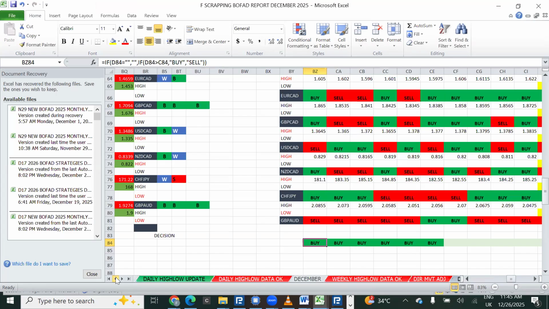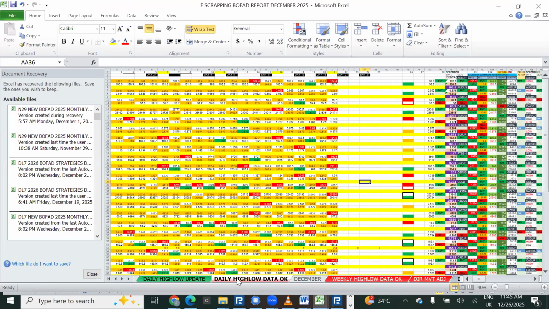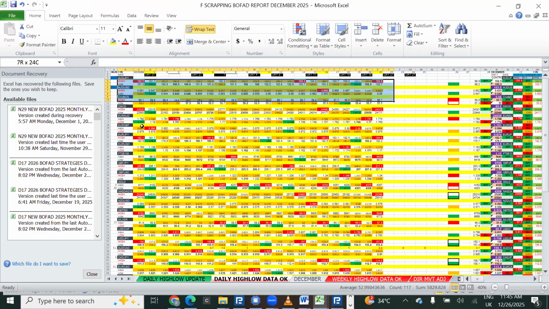So you can see here for December, this daily high-low. So you can see we have a lot of hectic data here. So this is how the report looks under the daily high-low data. Okay, so it includes the everyday high and lowest prices according to the report every day.